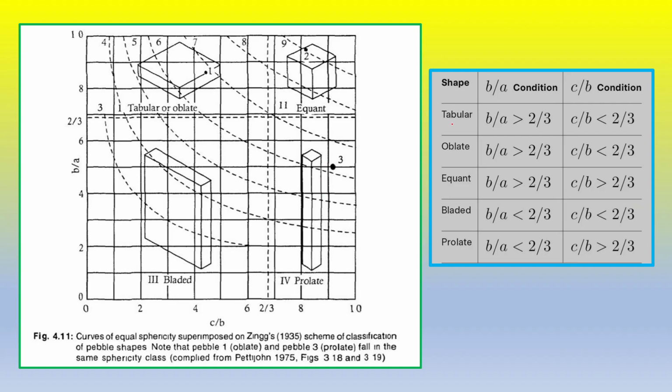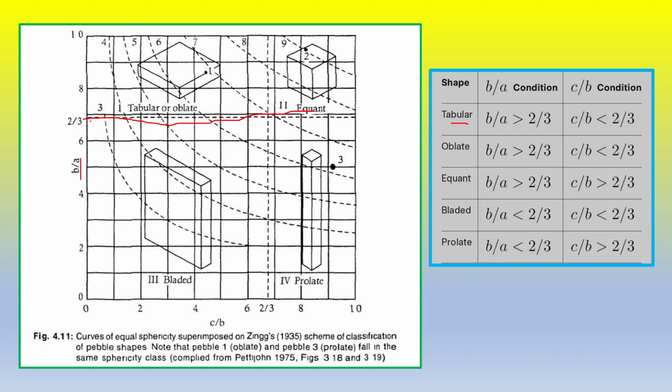So when we call it tabular, it means b by a, b for breadth and a for length. So when b by a is greater than 2/3 and c by b is less than 2/3, you see this is the 2/3 line.